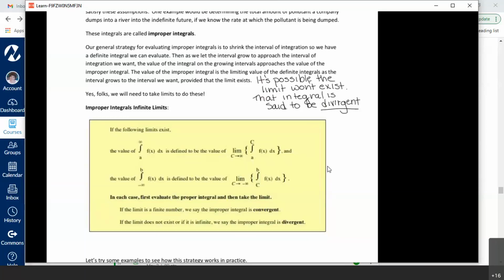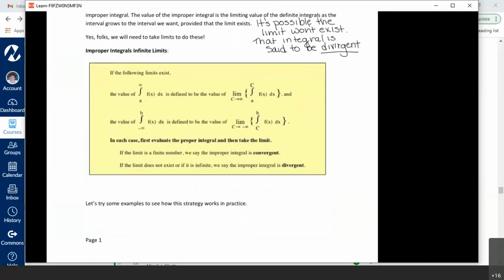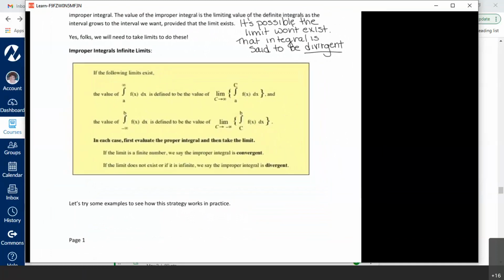All right, so we will have to take limits to do these. So again, we'll kind of review a little bit about limits, okay? So let me do a little limit review over here. And again, this is hitting the high points, okay? If you take a limit as x approaches infinity of 1 over x to the n, okay? Basically, what I have here is I have a fraction, okay?